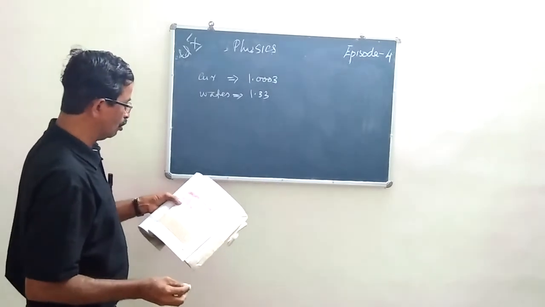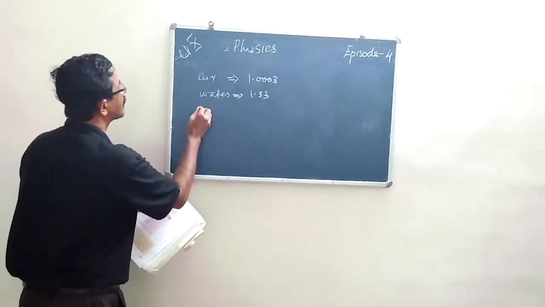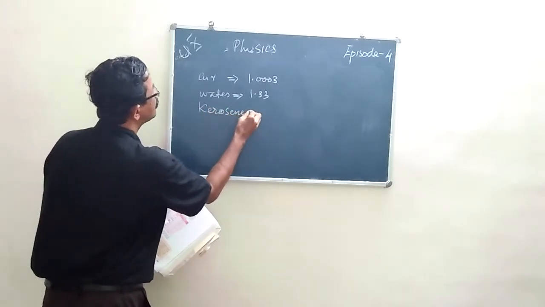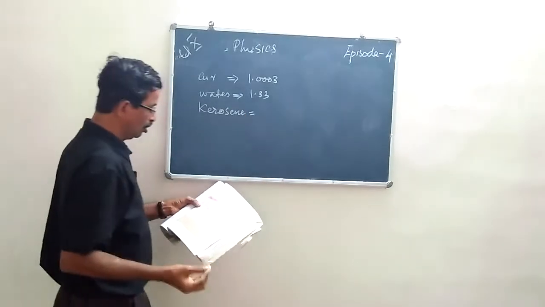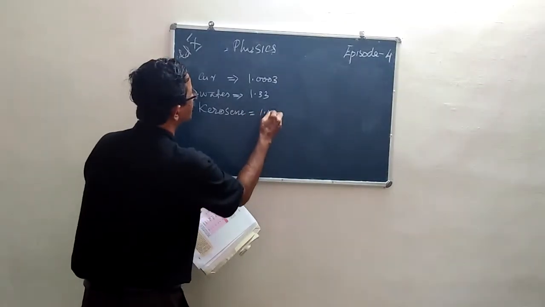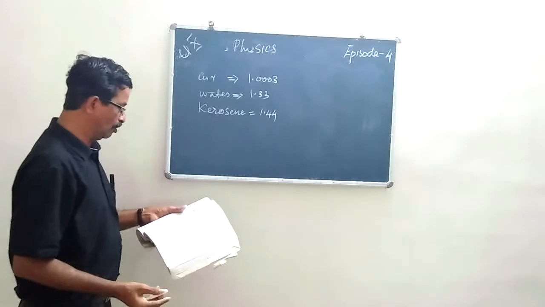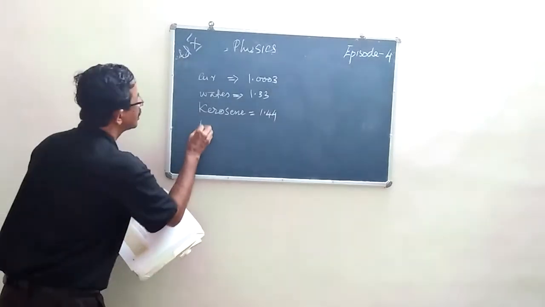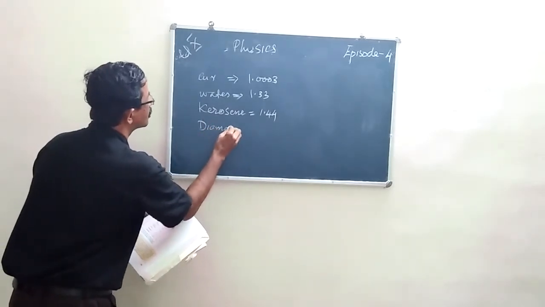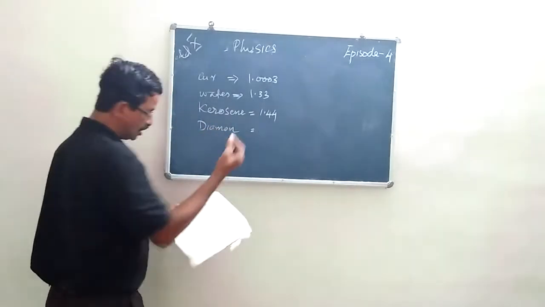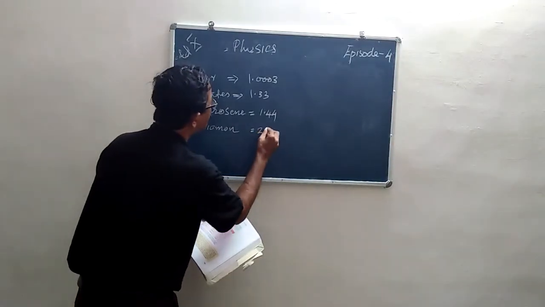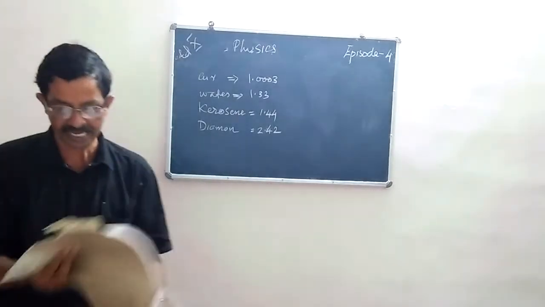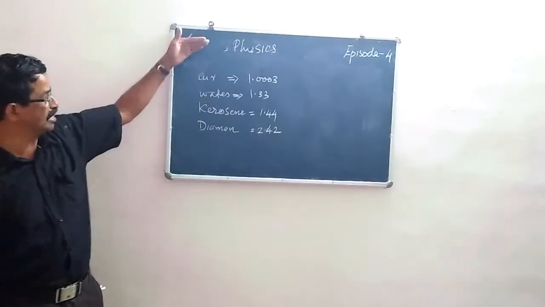For alcohol, and next one is kerosene, the refractive index of kerosene is 1.44. Then similarly, refractive index of diamond is given as 2.42.